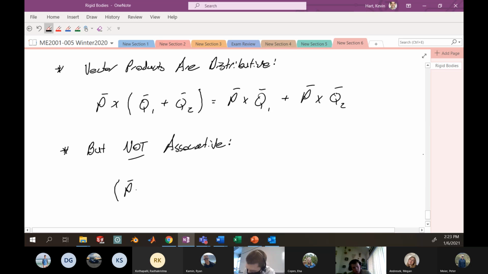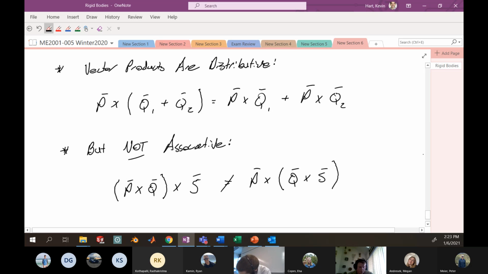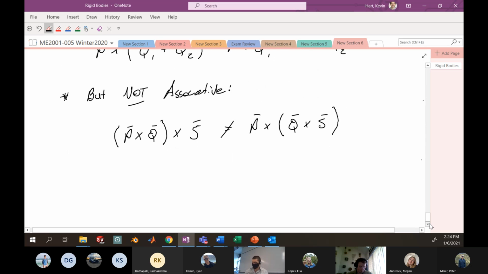So vector P crossed with Q, crossed with S, some other vector S, is not equal to the vector P crossed with Q crossed with S. Okay. A strange sort of thing here.